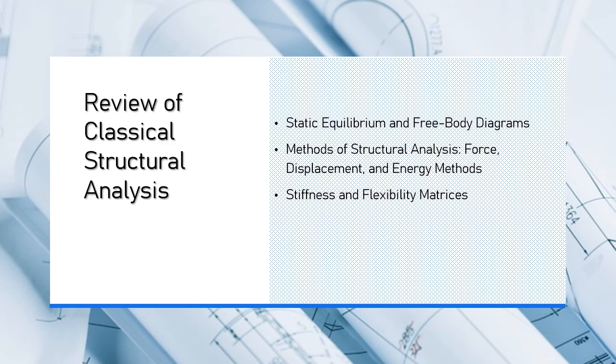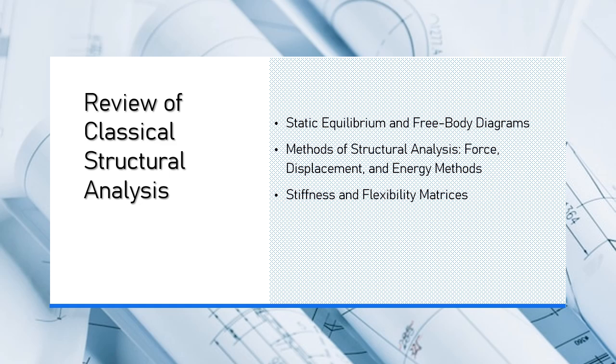3. Develop the stiffness matrix. The stiffness matrix is an important tool in displacement methods. It relates the applied forces to the displacements in the system. The stiffness matrix is used to represent the relationship between internal forces and displacements at the nodes of the structure. 4. Solve for displacements.